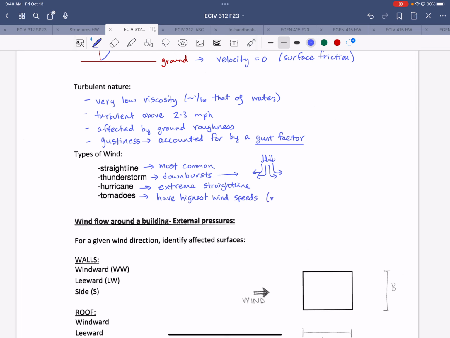So far, up through the current version of the standard that has been adopted into code, ASCE 7-16, tornadoes have only been addressed in the commentary of the code, so it's not really implemented as requirements through the standard.